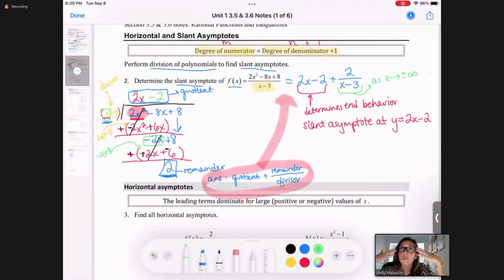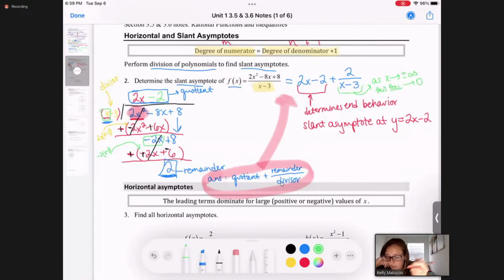And if you just think about 2 over 10, 2 over 100, 2 over a million, that number is getting smaller and smaller, and it is approaching 0. So as x approaches plus or minus infinity, this fraction approaches 0.